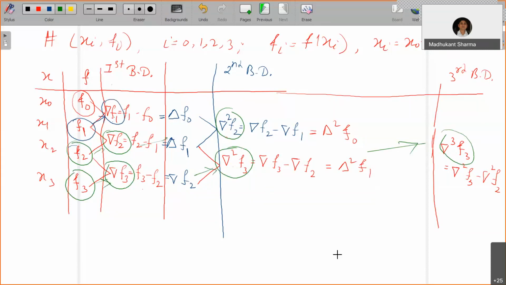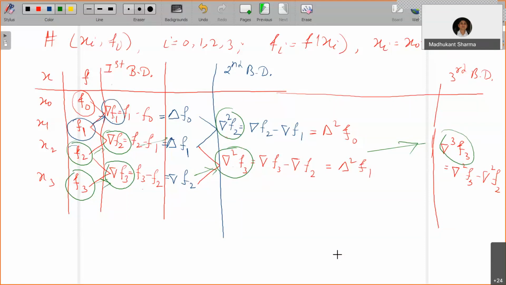So when you are looking at the forward difference table or backward difference table, they are essentially the same. Only you should know how to extract the backward differences. If you are looking in the downward direction and starting with f naught, they are all the possible forward differences. If you are starting with f3 and looking in the upward direction, they are all the possible backward differences of f at x.